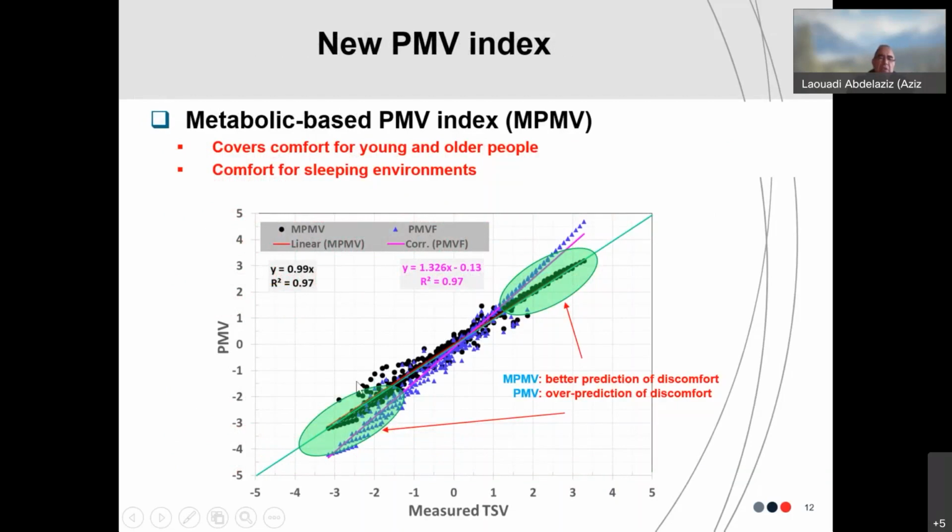Comparing the new index with the old index, around thermal neutrality or the thermal comfort zone, PMV between -1 and 1, both indices give roughly the same results. However, for the discomfort range from the warm side or the cold side, the new index tends to better estimate thermal sensation vote, whereas the old index tends to overestimate thermal discomfort.